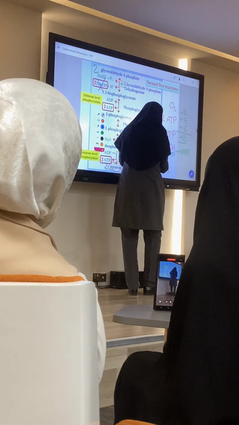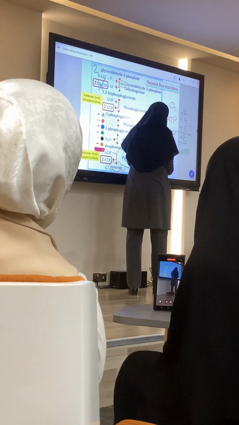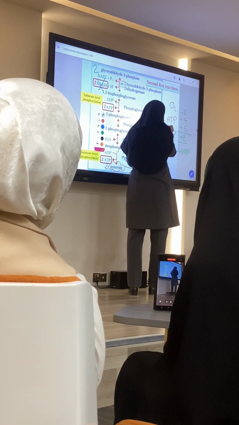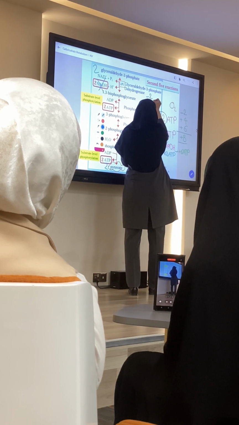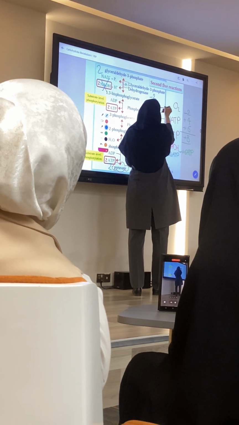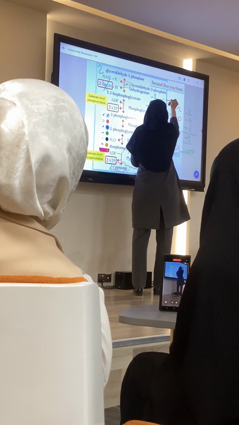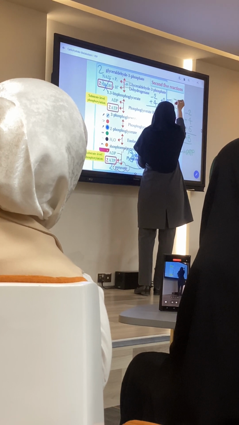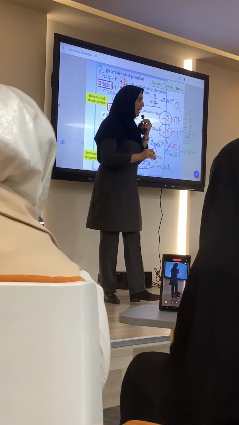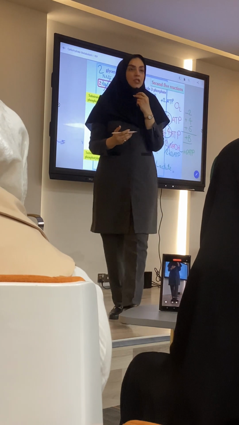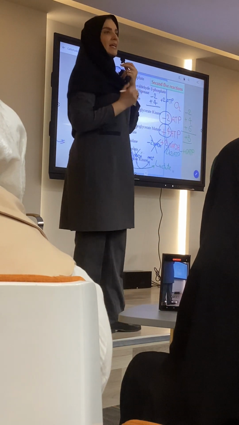Okay? So you should consider this one. What is the remaining? Plus 4 minus 2. Minus 2 plus 4. What is the net in anaerobic? Plus 2 ATP. Do you understand how we can calculate this one? So, I want to review my example question.